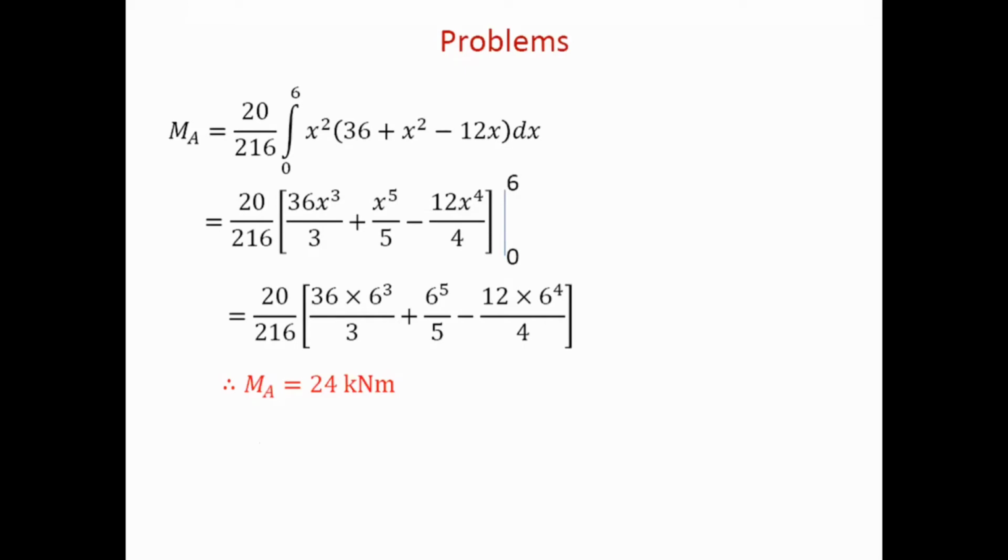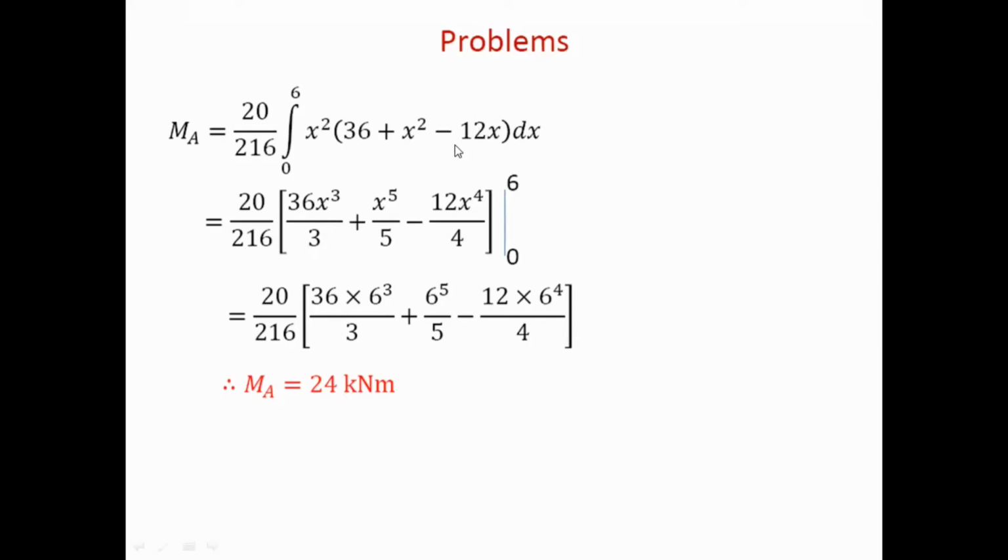So it is equal to 20 divided by 216 into, now I have multiplied x square into the bracket. So 36x square, its integration is 36x cube upon 3. This is the first term. Second term, x square into x square, it is x raised to 4, so its integration is x raised to 5 upon 5.